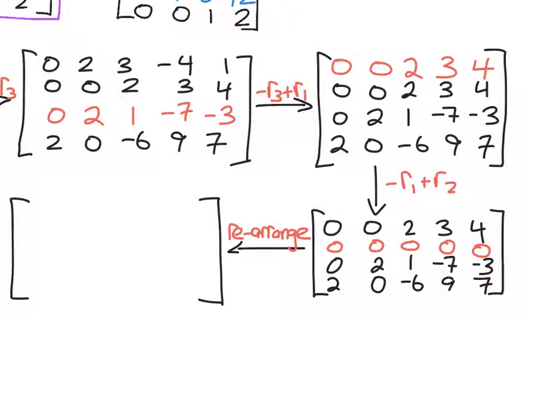Instead of saying switch row 3 with row 1, none of that business, I'm just going to write the rows where I want them to be, because you could swap rows, so who's to say you can't swap a bunch at a time?